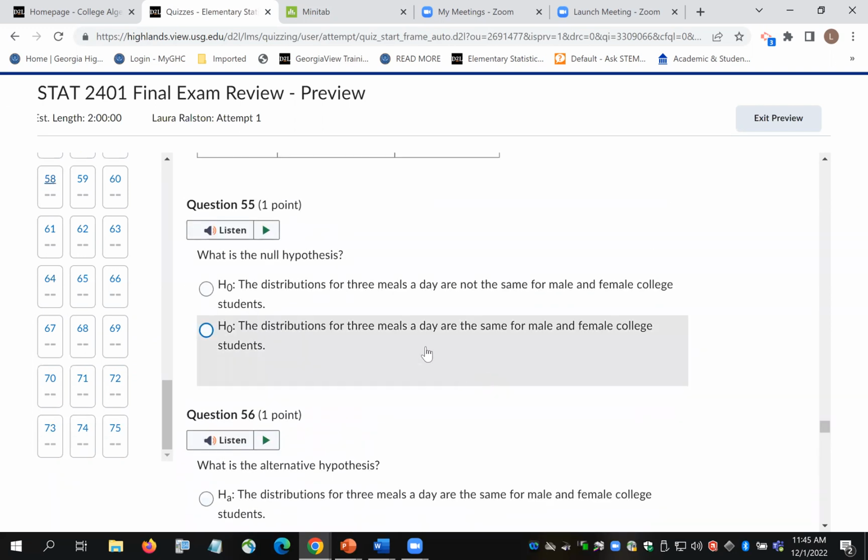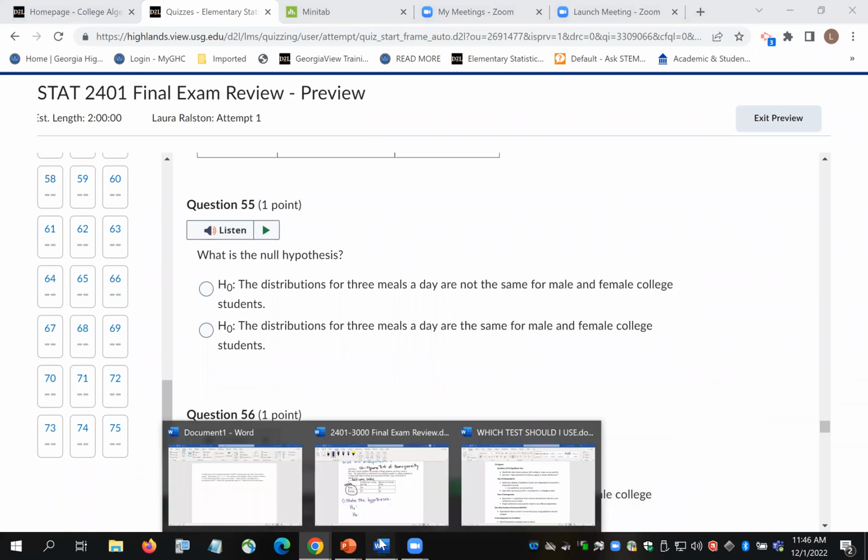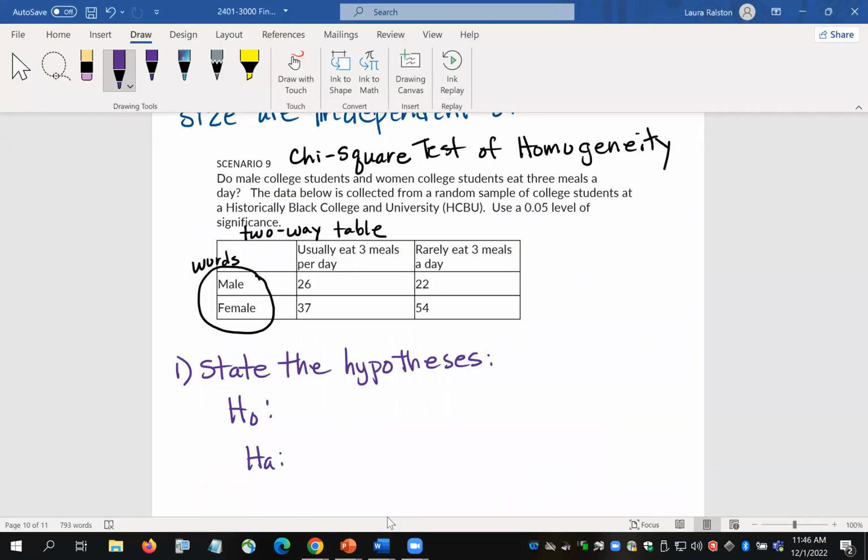The way they word it is they say the distributions for 3 meals a day are the same for males and females. There are lots of ways we could say it. What you have to say is that they're the same or equal for the null, and not equal for the alternative.